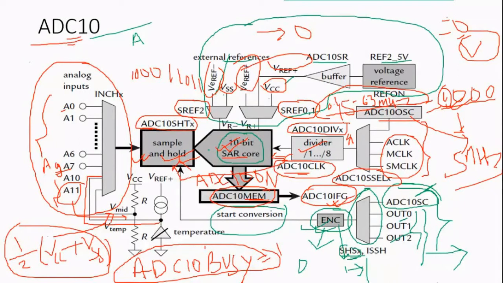There are 3 steps for operating it. First you have to write the control words ADC10CTL0 and ADC10CTL1, meaning the ADC control registers, ADC10CTLx for 0 and 1. So you have to configure this.